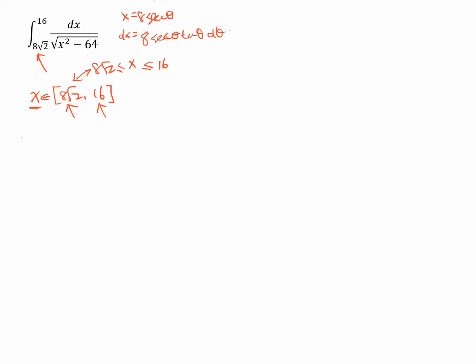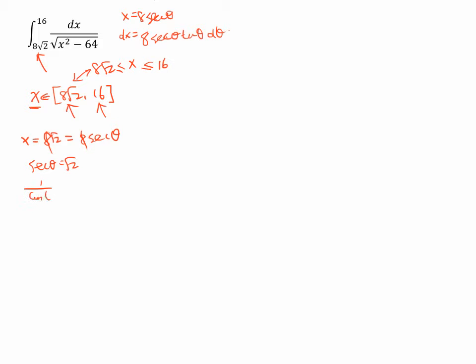So I say x equals 8 square root 2. This is my first endpoint for x equals 8 secant theta. This is my substitution. And then solve for secant theta, canceling out this 8 square root 2.